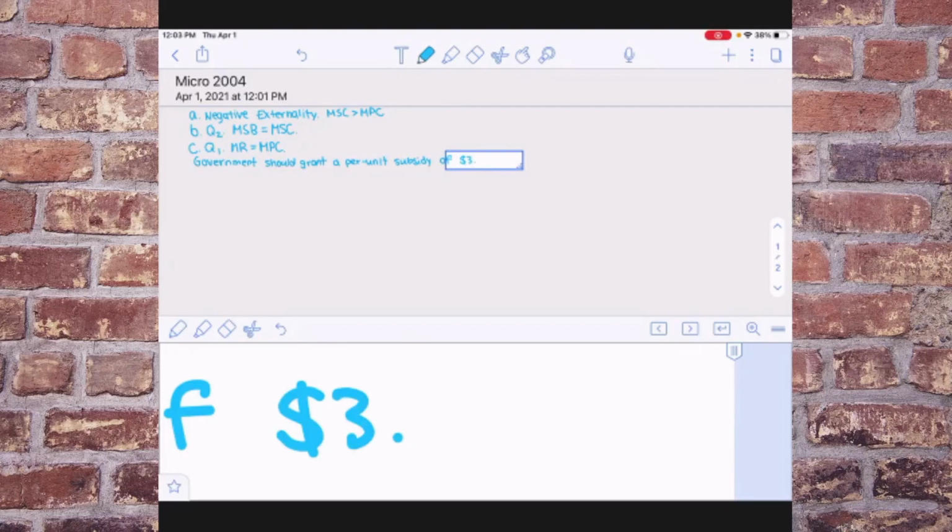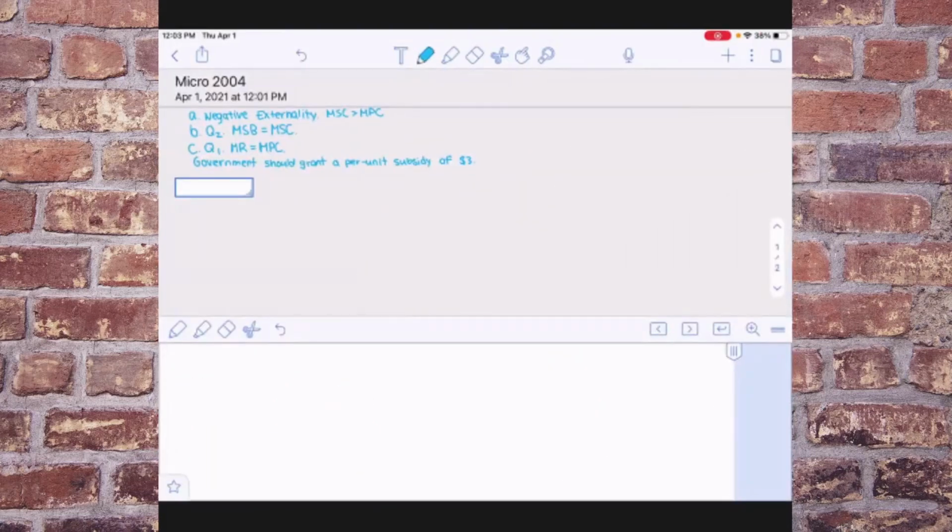Okay, and then we get to part D. Just a little spin, flipped classroom. So part D, we wrote Q2. Excuse me, we wrote Q2 instead of Q1.